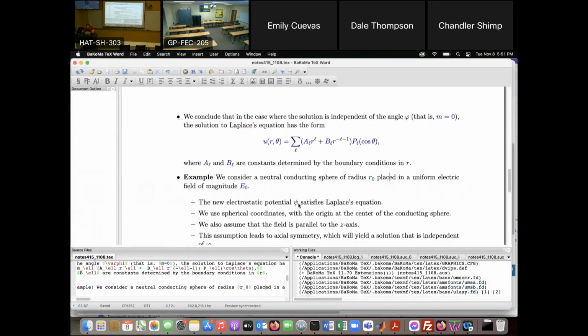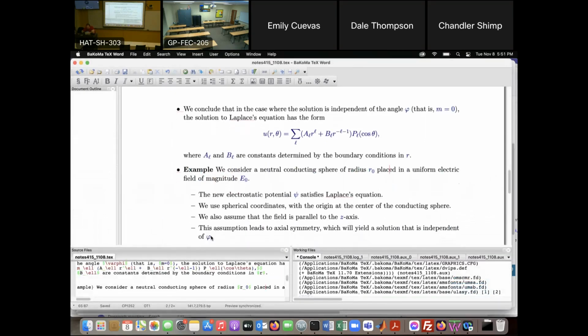Alright. So as before, we have a symmetry. You know what? I totally blew it. I've been using the term radial symmetry all this time, and that's not true. Radial symmetry is when the solution depends only on r. Axial symmetry, which is what we have here and in the preceding discussion, is where the solution is independent of phi, but it's still allowed to depend on theta.